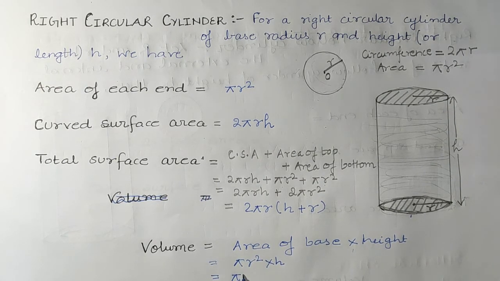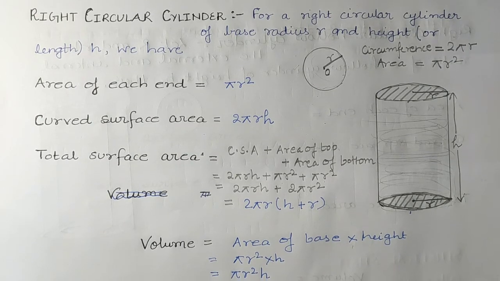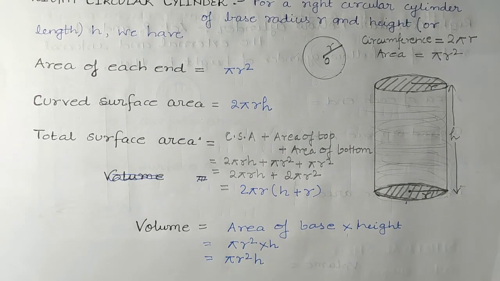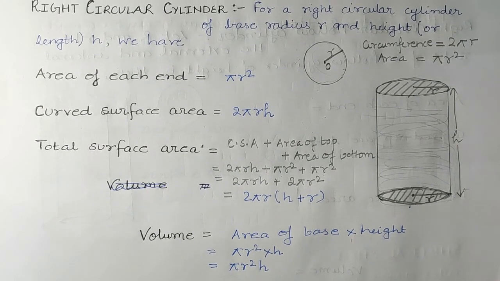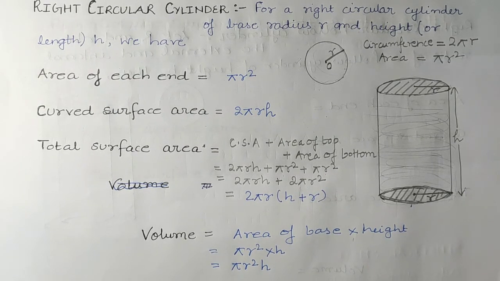So this is the formula for the volume of a right circular cylinder: pi r square into h. So just pause the video and note down everything from here.